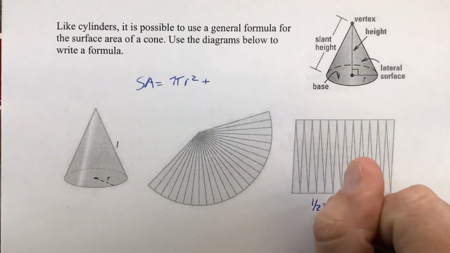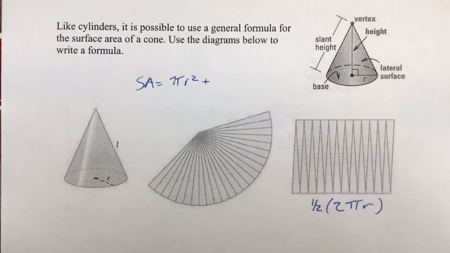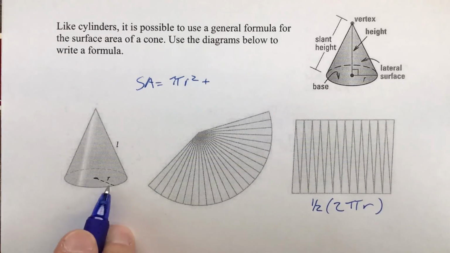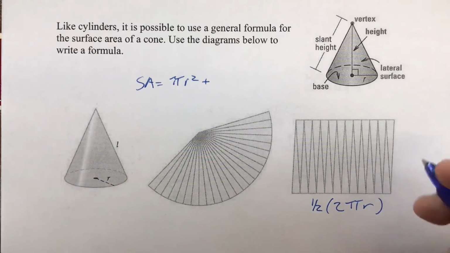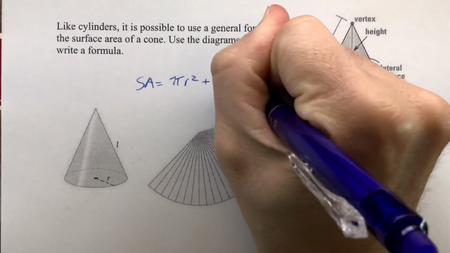Okay, so that'll be 1/2 2 pi r. Okay, 1/2 the circumference. The height is not going to be the radius of the circle here. It's actually going to be the slant height that we got, so that'll be L. Okay, the 1/2 and the 2 will cancel. Then when we take the product of the length and the width, we get pi r L.